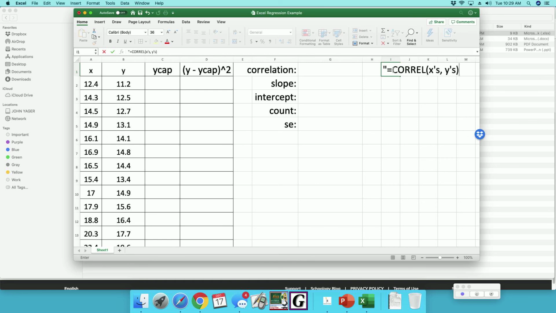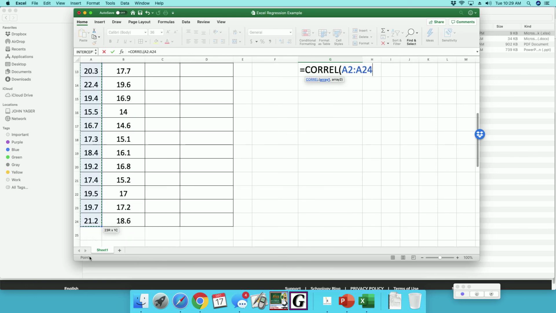That will calculate your correlation. So I'm going to do equals CORREL. See, it found it. And then I'm going to put in all the x's. You highlight the x's all the way down to the bottom.